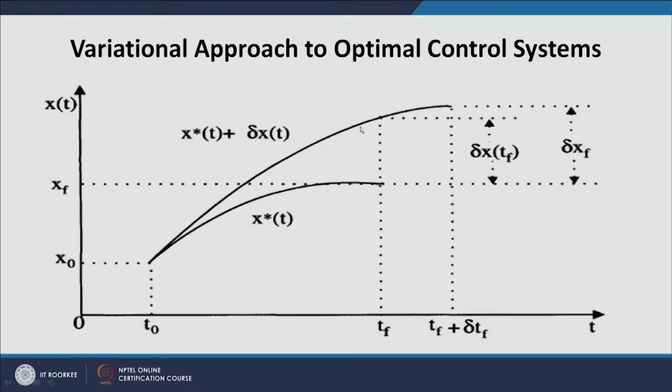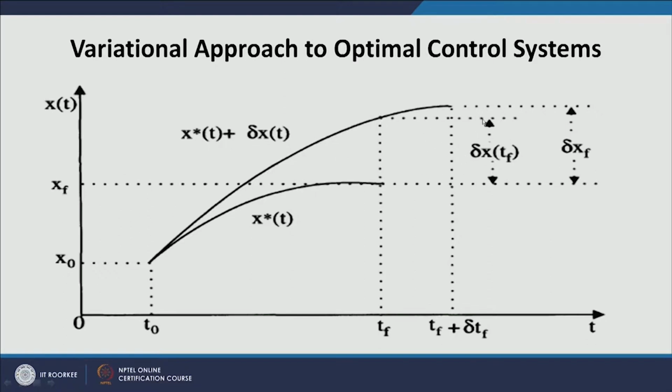So this value will have tf at the delta tf point as this value. xf is the value at the tf point, and at the tf point the value of x star of tf is this value.